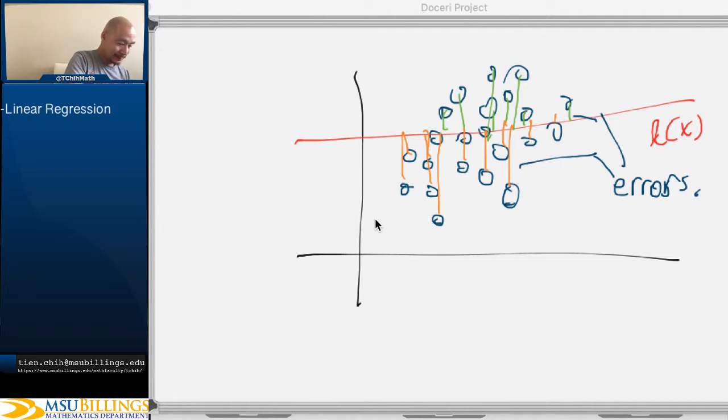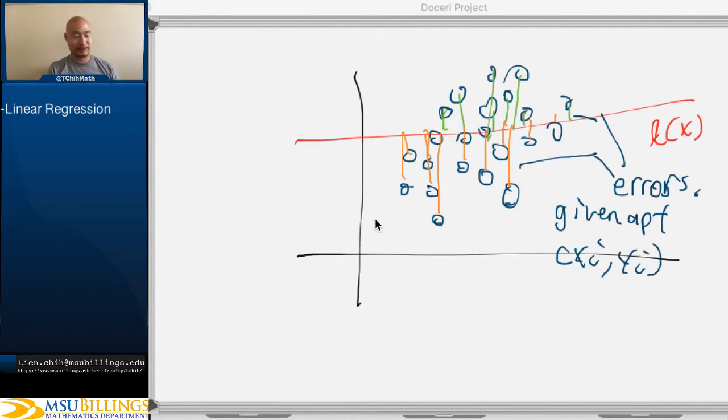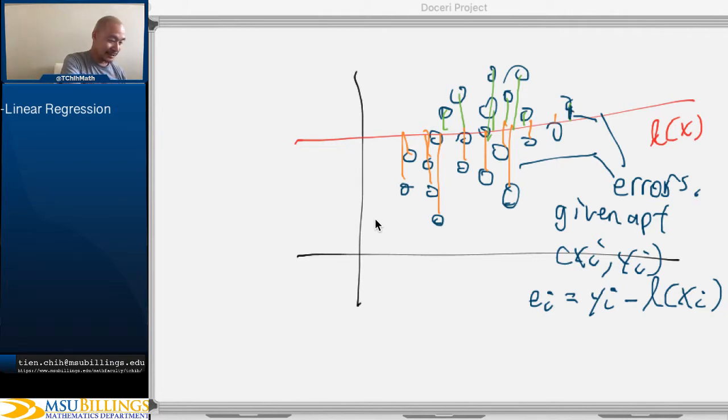In particular, given a point xi, yi, so that's one of the points, the error for the point i is going to be the actual value of y at that point minus what my projector says y should be. So that's either a distance here like that or a distance here like that. So it's positive if y is over the line and it's negative if y is under the line.